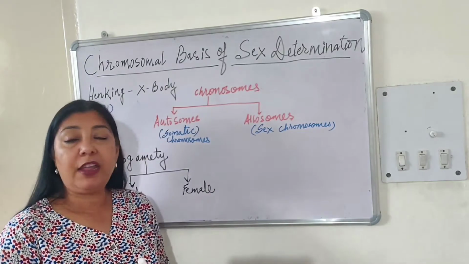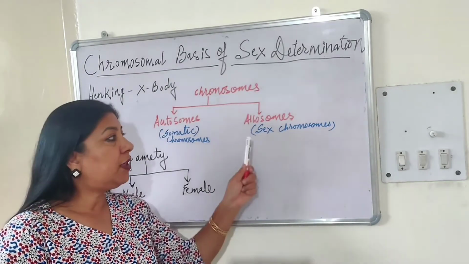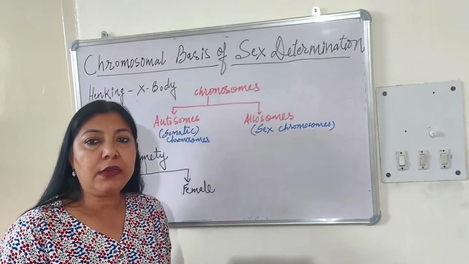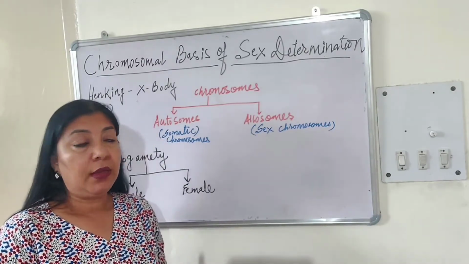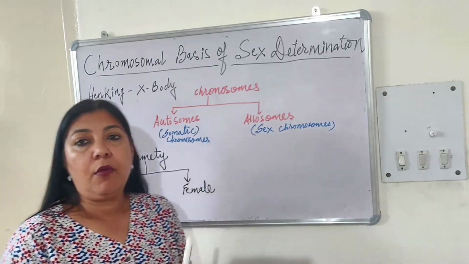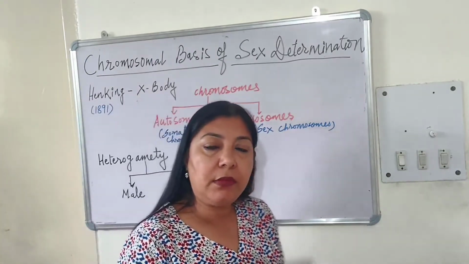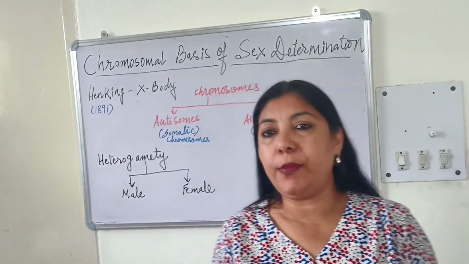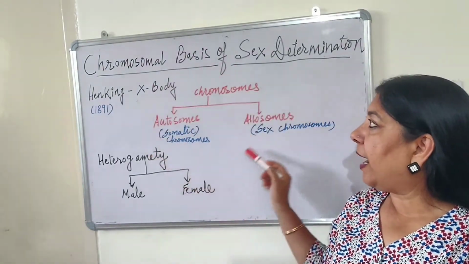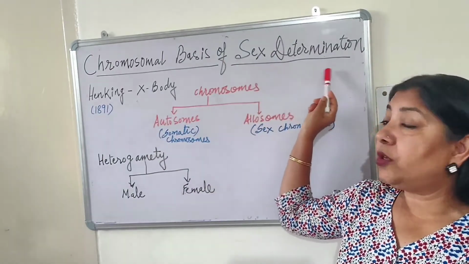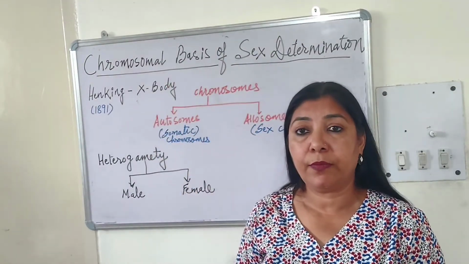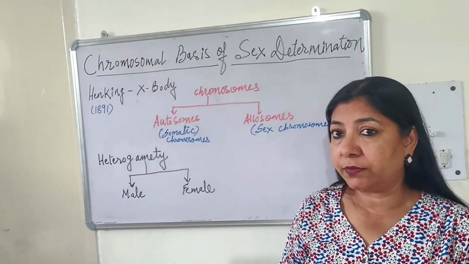And there are different types of chromosomes called allosomes, which are the sex chromosomes. These chromosomes determine whether the organism is male or female. So now we know that sex determination is determined by certain chromosomes. We will study about it.